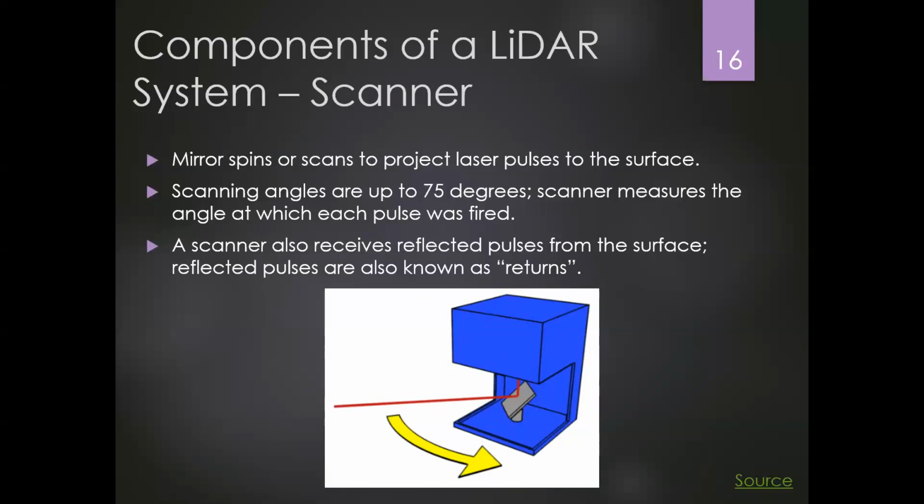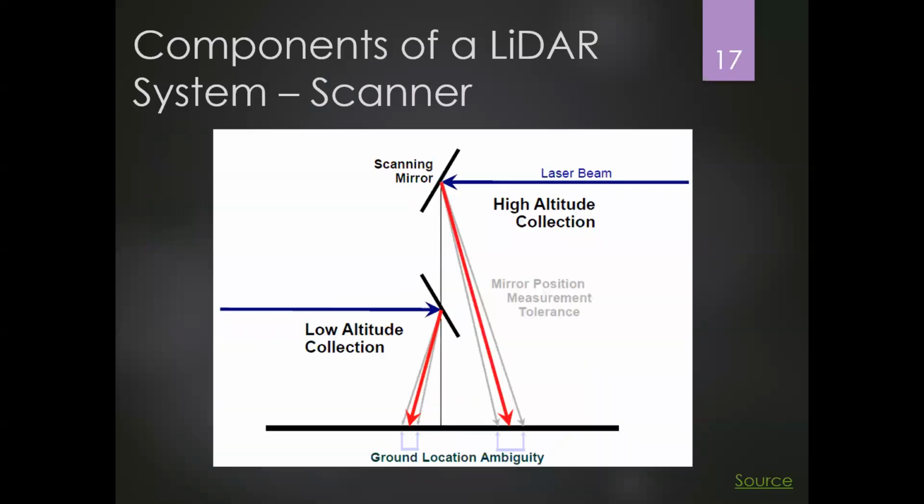How is that? I'll show you later. But now you should know scanner is responsible for controlling the direction of the signal to the ground, and also responsible for receiving reflected signals or returns.